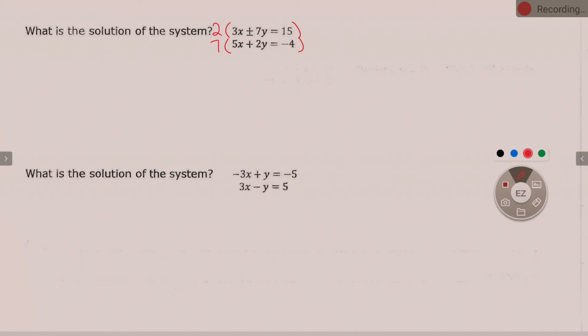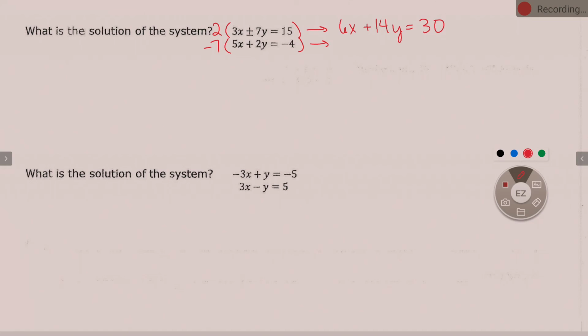Okay, so if we use 2 and 7, which one do you want to use as a negative? I would use the bottom one, although it doesn't matter, right? There's so many different options here. If I multiply that top equation by 2, it becomes 6x plus 14y equals 30.